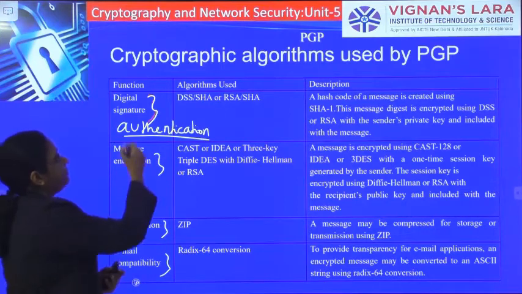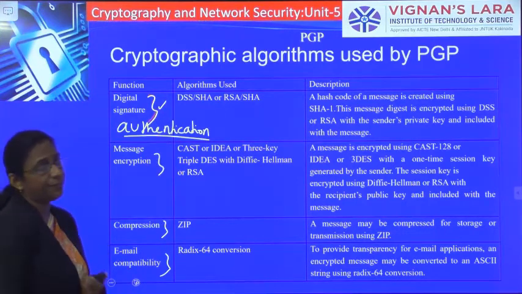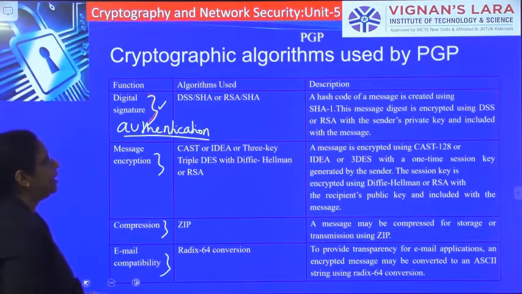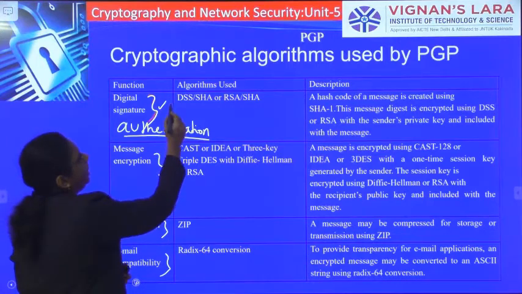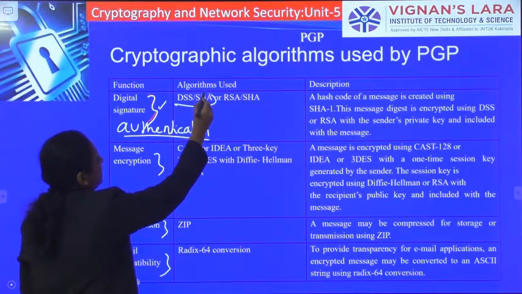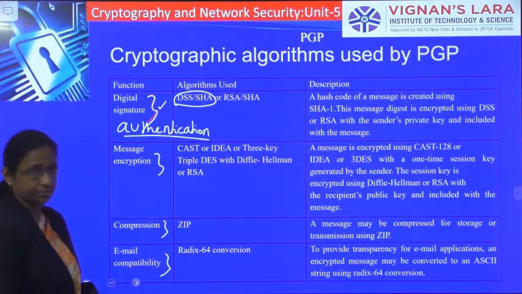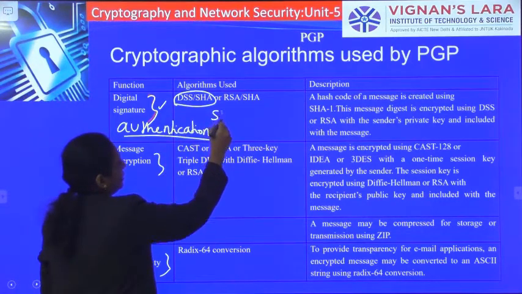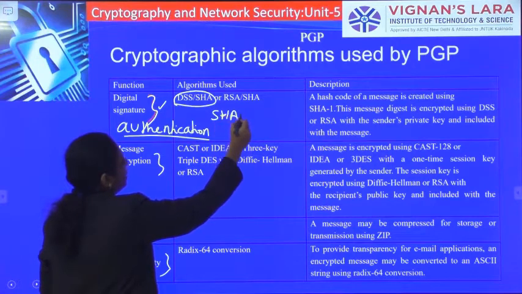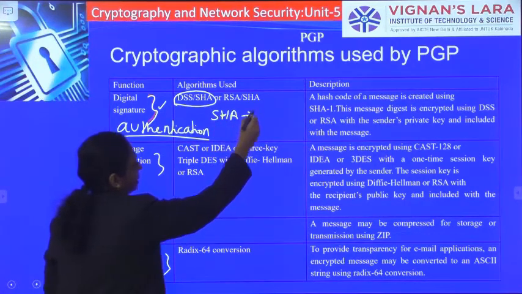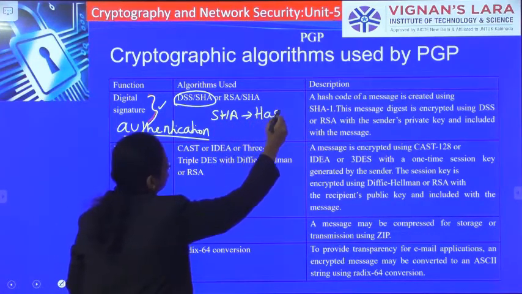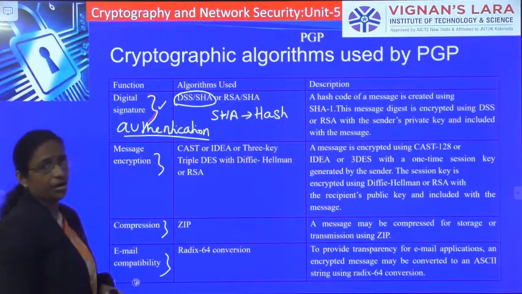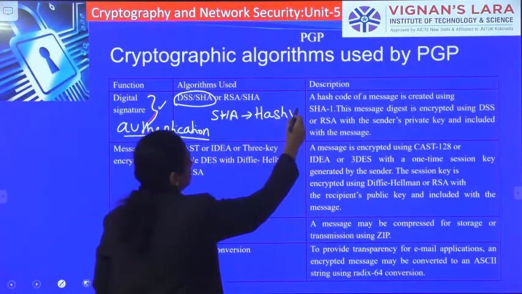what PGP does is use a combination of DSS and the SHA algorithm. The SHA algorithm is used for generating the hash function, or we can say the hash value.